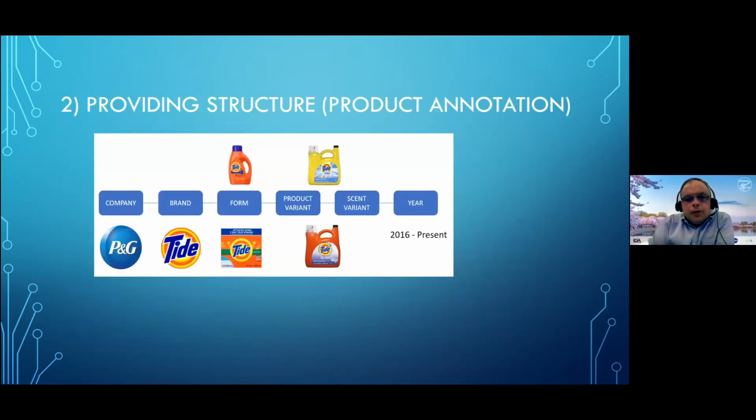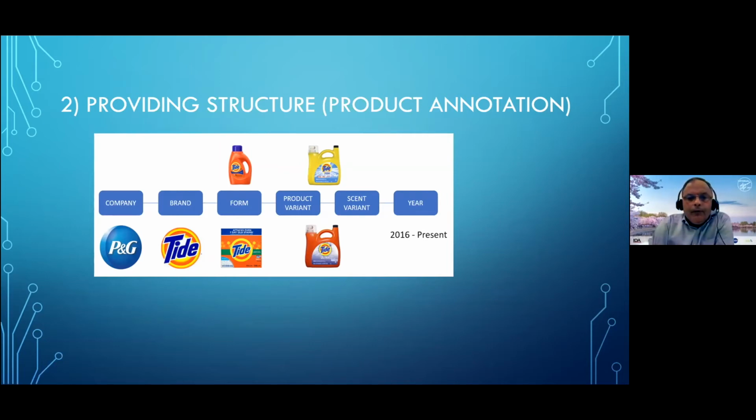Providing structure, early on we realized, because we collect a lot of data, different teams are involved in measurement, analytical, sensory panels, image analysis. So we realized that there wasn't really a good structure in the beginning of how we can keep track of the different products.